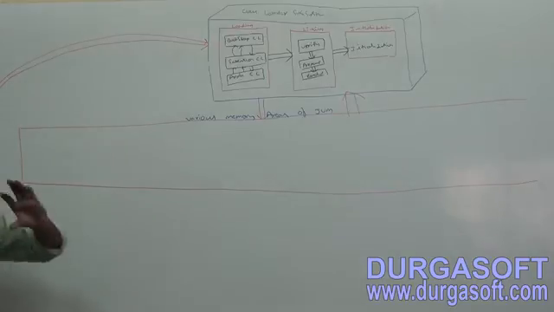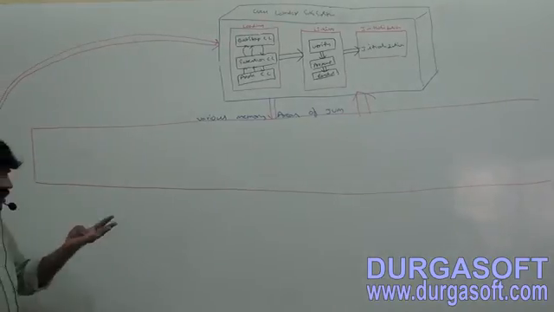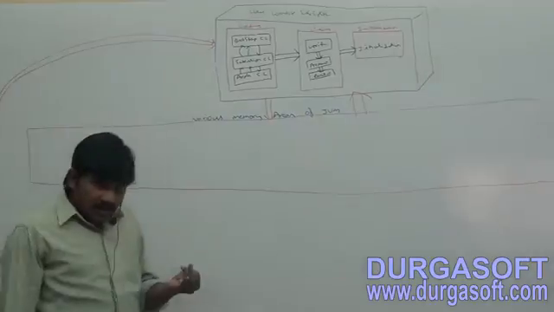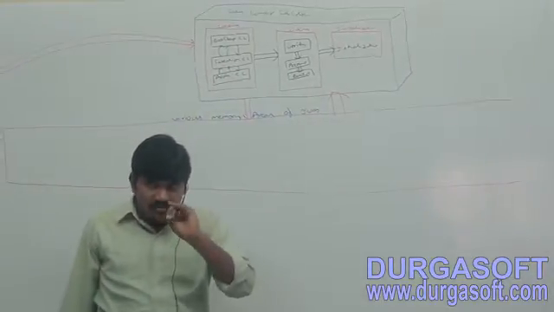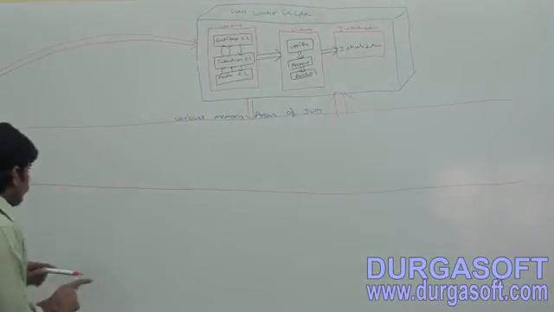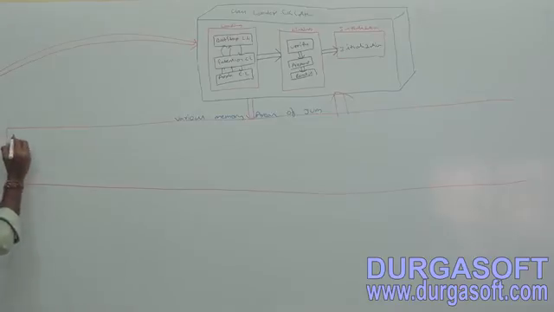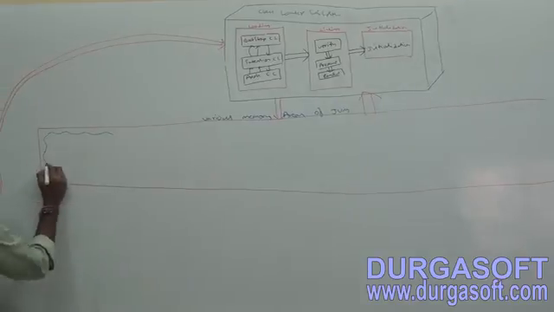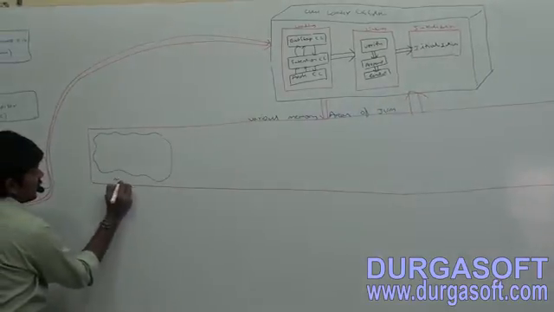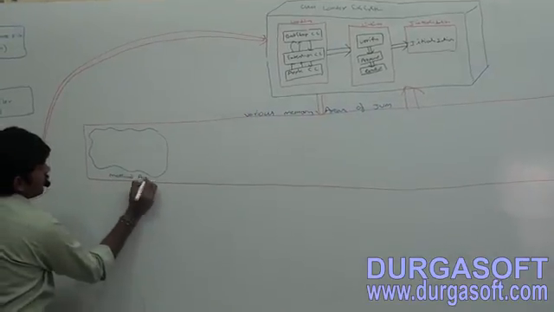Can you spell out? Five. What is the first one? Method area, heap area, stack area, PC registers. The last one is native method stacks. Now observe, first part I am talking about. This is the method area.